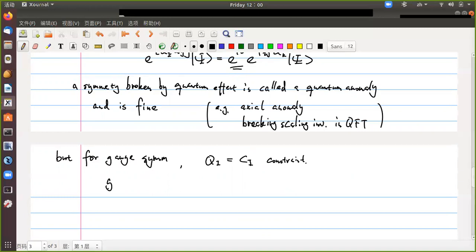But then the quantum anomaly which breaks the gauge symmetry is called a gauge anomaly, or a constraint anomaly, which is exactly what we discussed earlier. But the gauge anomaly is not fine. Although it can happen, right?